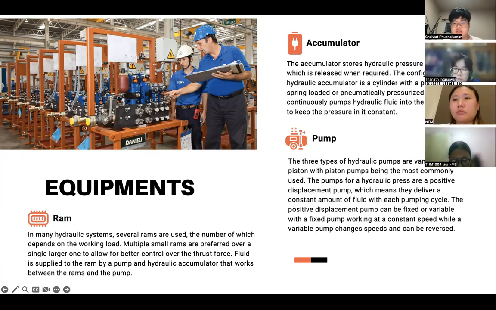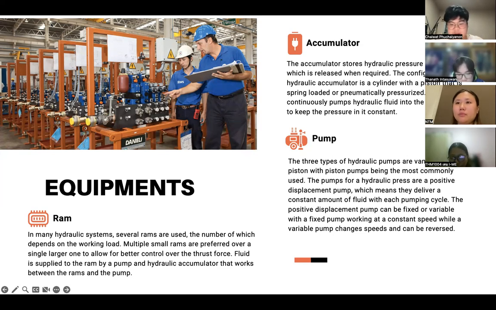So next is the accumulator. The accumulator stores the hydraulic pressure as fluid, which is released when required. The configuration of the hydraulic accumulator is a cylinder with a piston that is spring-loaded or pneumatically pressurized. The pump continuously pumps the hydraulic fluid into the accumulator to keep the pressure constant.